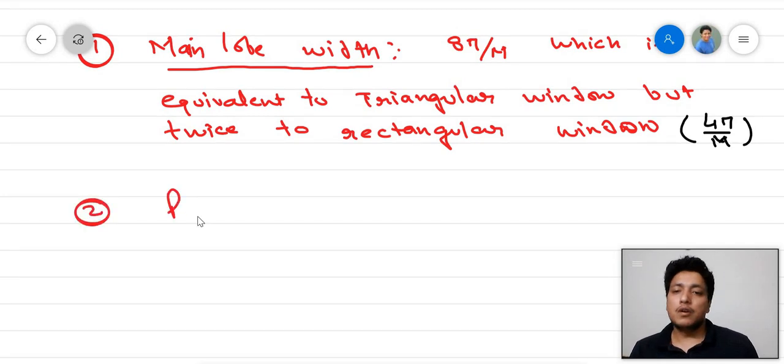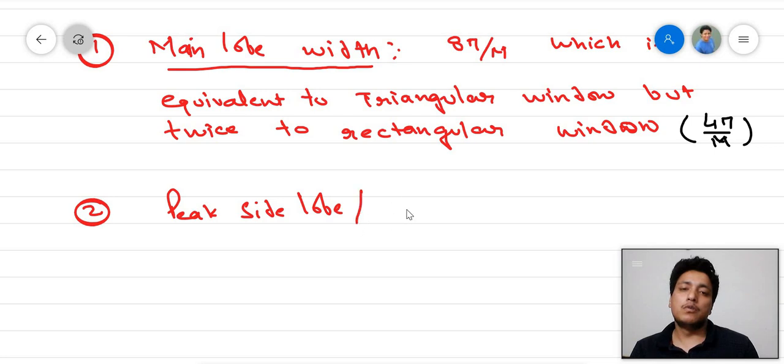Next is peak side lobe to main lobe ratio.